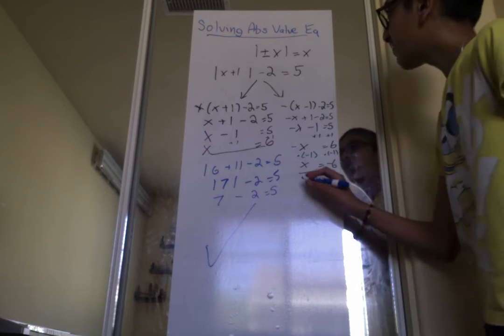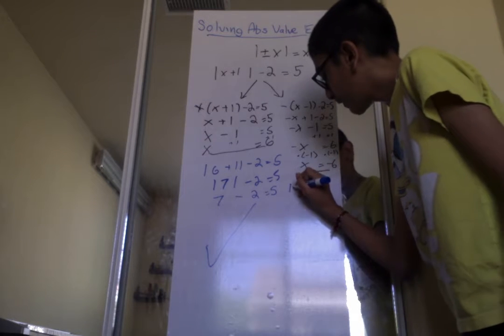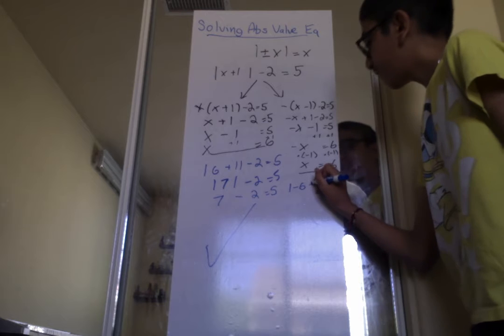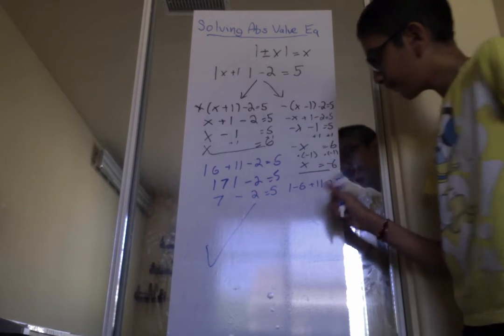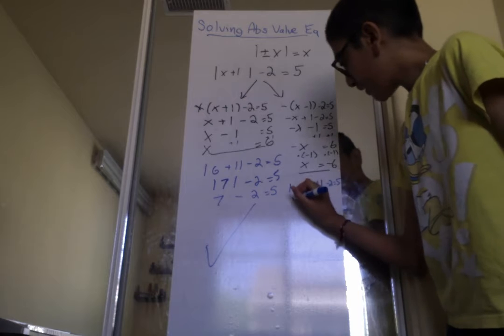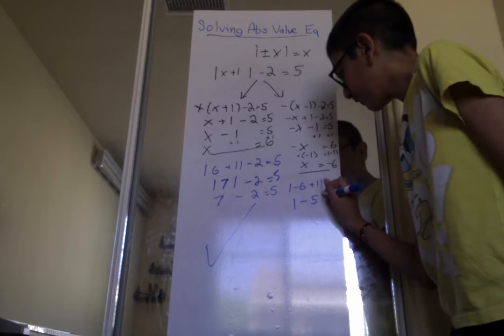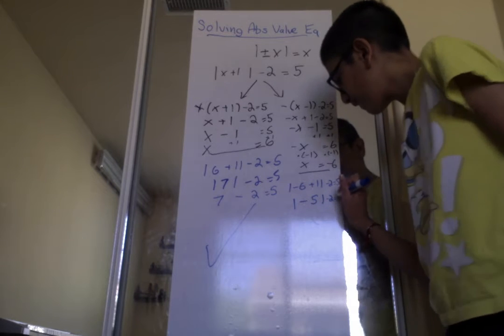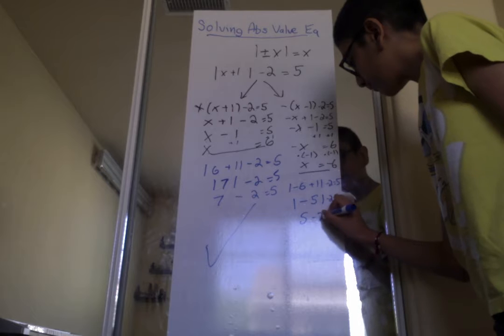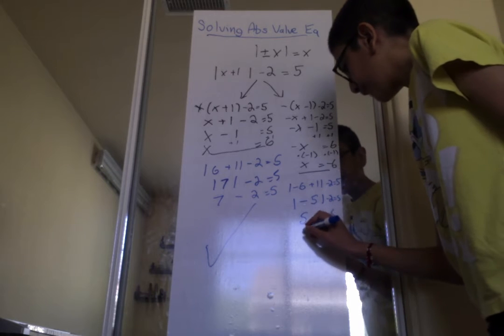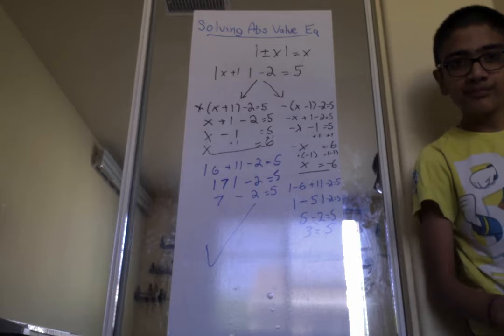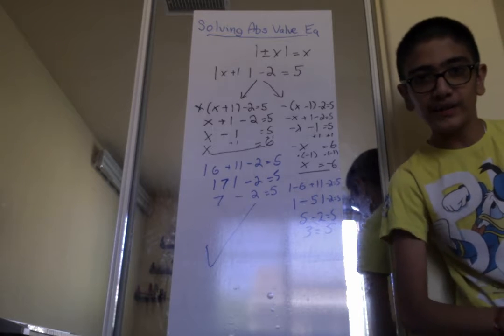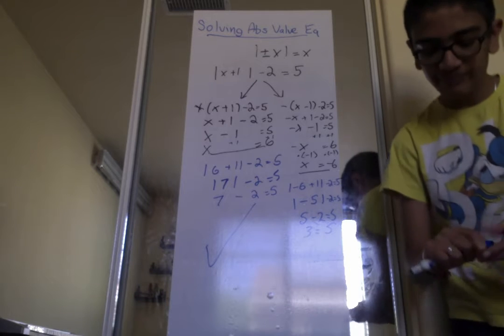Now let's try x is minus 6. I've got minus 6 in place of x, plus 1, minus 2 equals 5. And then we get the absolute value of minus 5, minus 2 equals 5. 5 minus 2 equals 5, meaning that 3 equals 5. Wait a minute. 3 doesn't equal 5. When does it equal 5? Never.